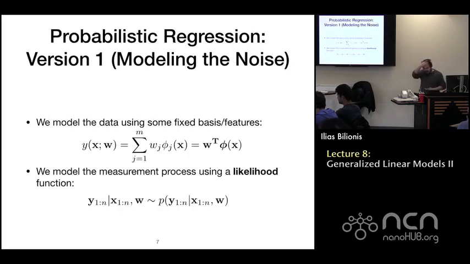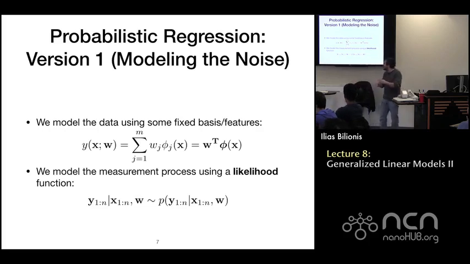All right. So the first extension that we saw was basically the maximum likelihood extension. We got rid of the square loss function, and we introduced an explicit model for the measurement process.